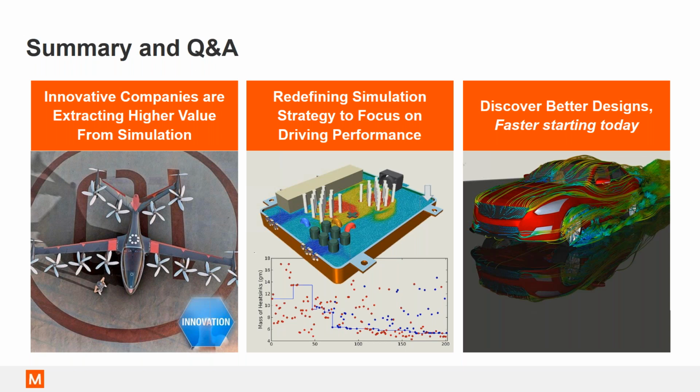Built into HEEDS is the ability to match data curves on a plot. So we can have a measure of how well our simulation data is matching maybe test data, which is represented as a performance curve. That is also a common use for HEEDS technology.